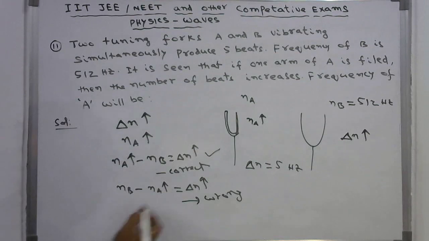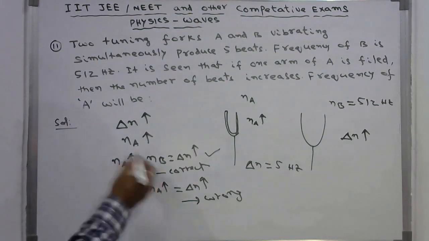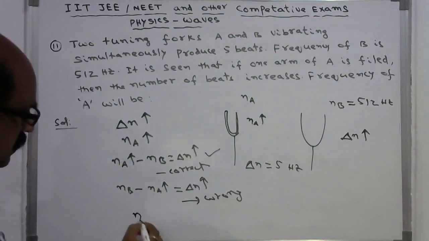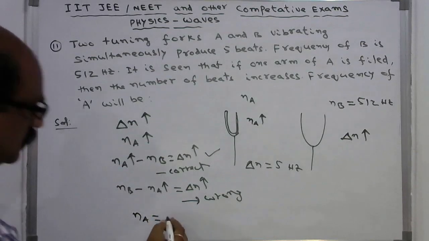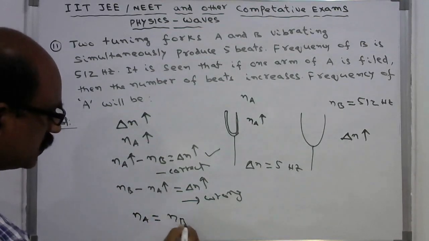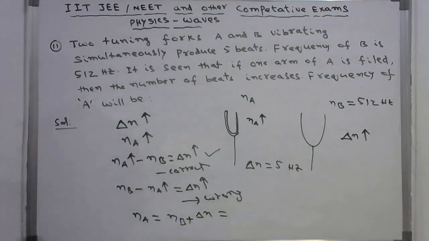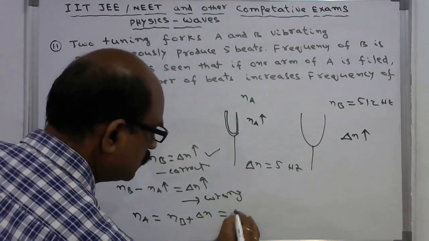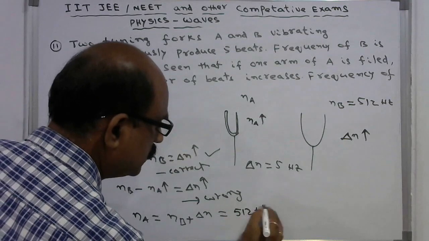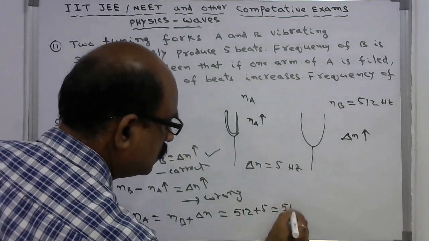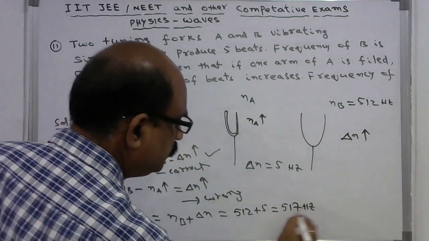So we have to find NA. NA is equal to NB plus delta n, that is equal to 512 plus 5 is equal to 517 Hz.